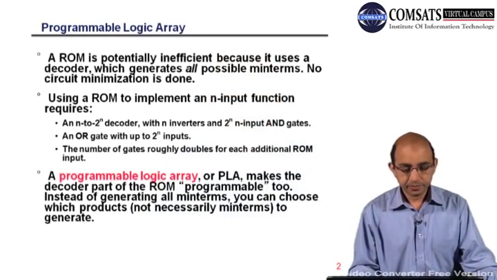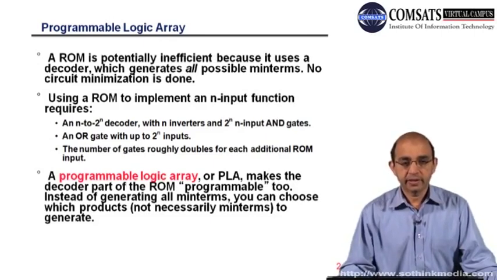So let's start. Last lecture we discussed ROMs, read-only memories. But they cannot provide the required efficiency. The reason is that the decoder which we use during the ROM construction is actually generating all the minterms, even those that are not being used.